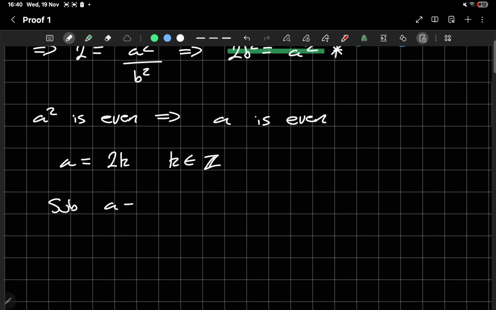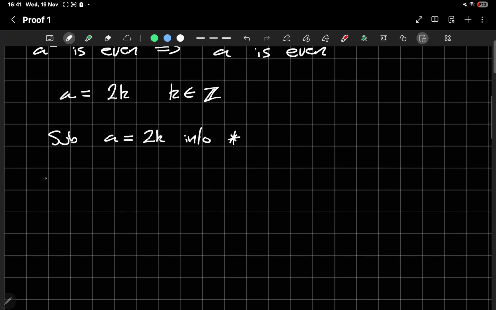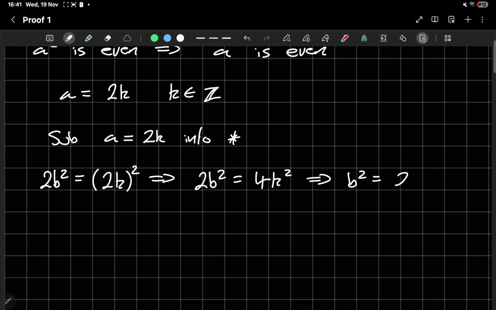Let's sub a is equal to 2k into the star. So now we have 2b squared is equal to (2k) squared, which is the same as 2b squared is equal to 4k squared, which is the same as b squared is equal to 2k squared.